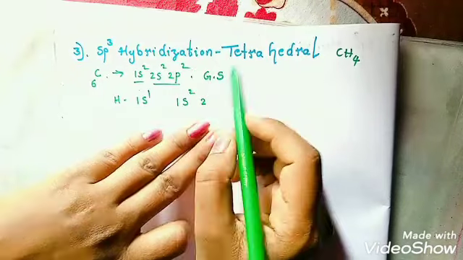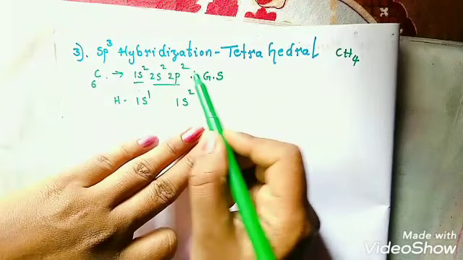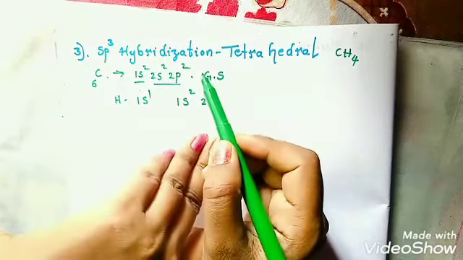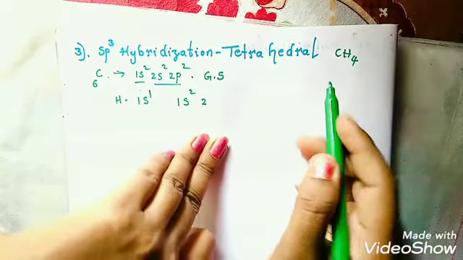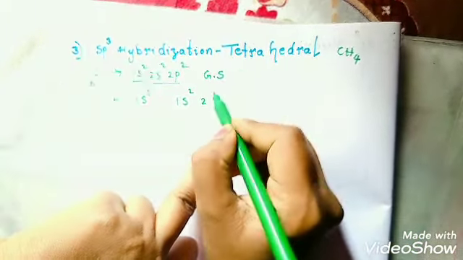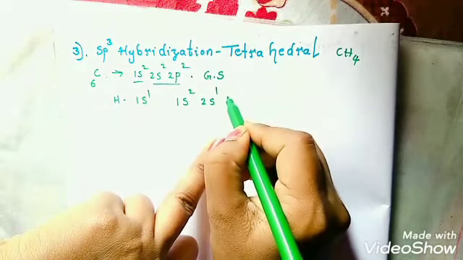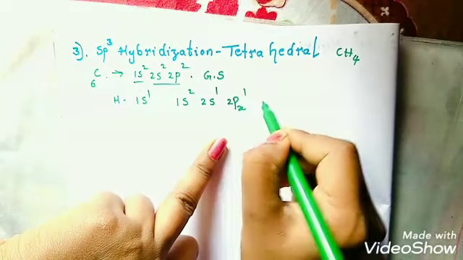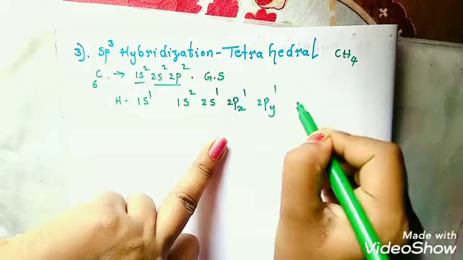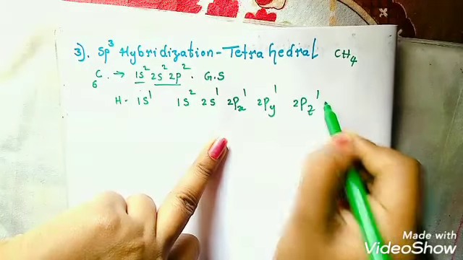Why? Because if the electrons are present in this way, as double electrons, there is no chance of forming the bond, so you have to write, students, 2s1, 2px1, 2py1 and 2pz1.